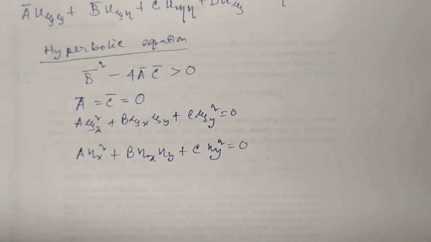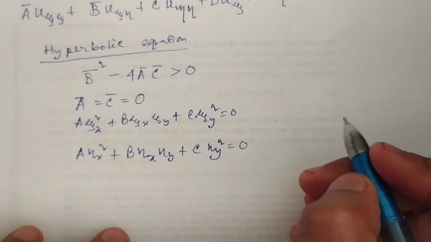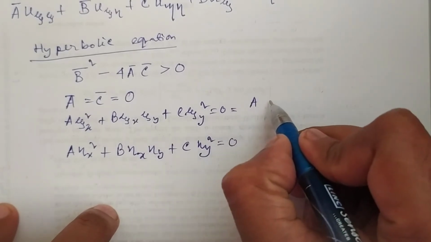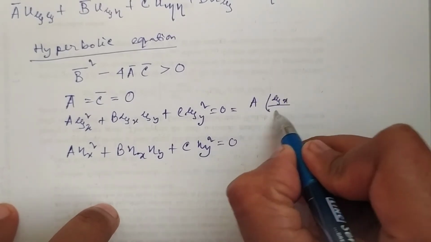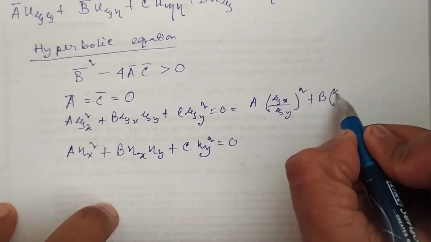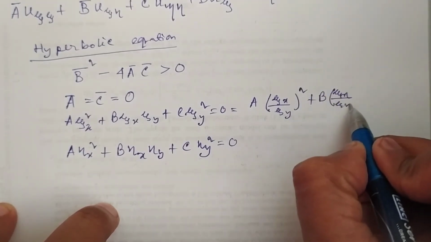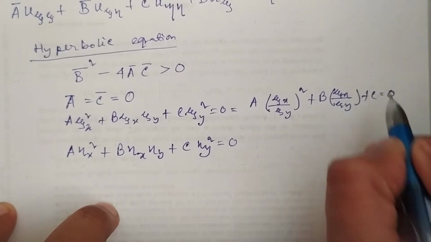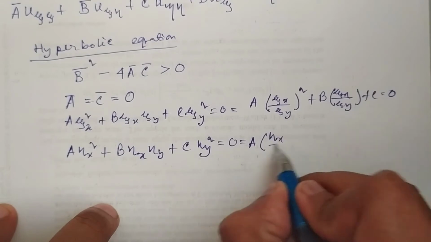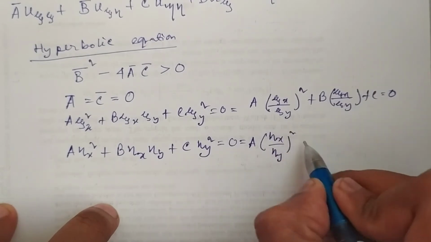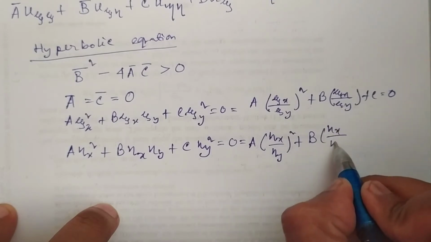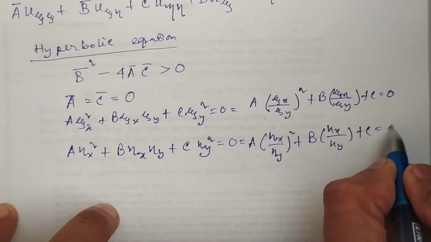So we can write this equation as a (xi_x over xi_y) squared plus b (xi_x over xi_y) plus c is equal to 0. Similarly, a (eta_x over eta_y) squared plus b (eta_x over eta_y) plus c is equal to 0.